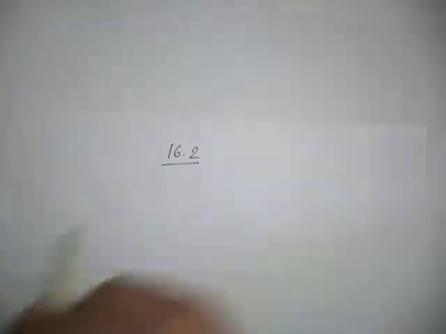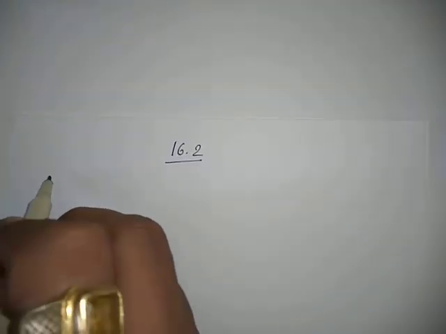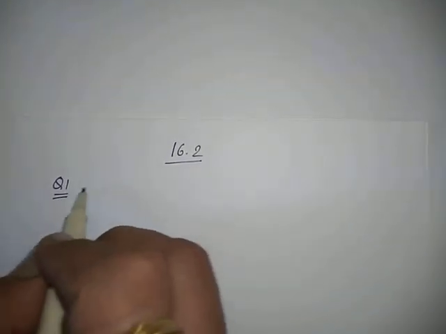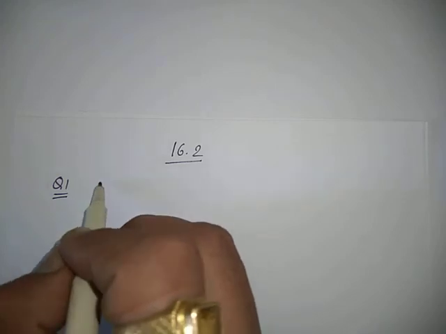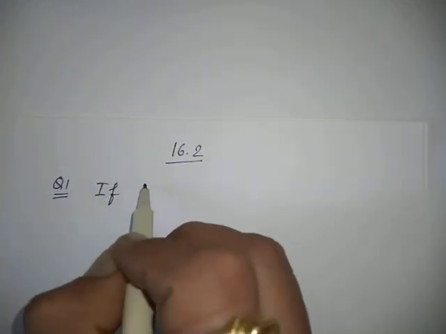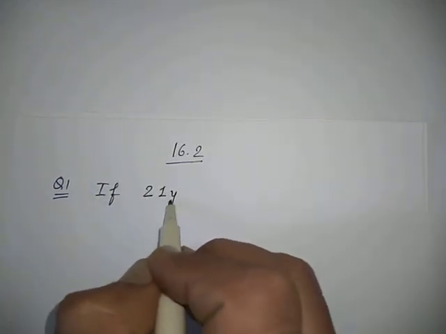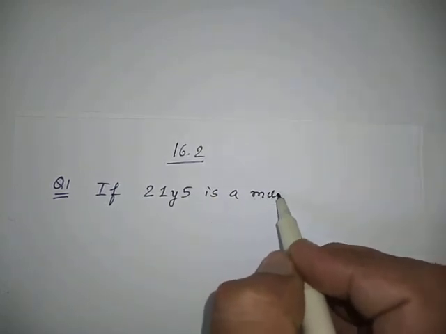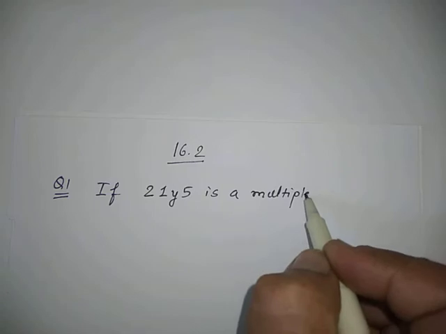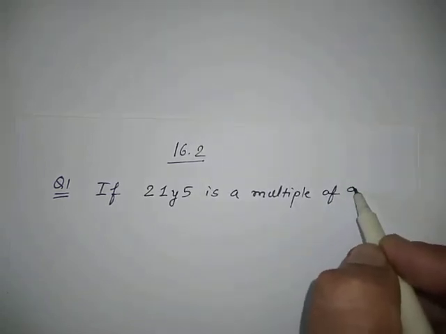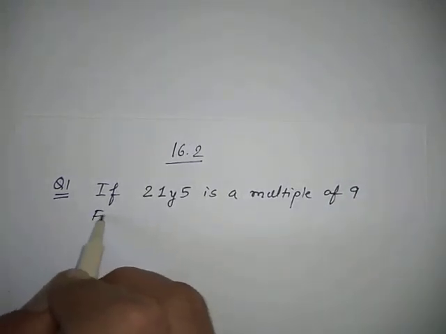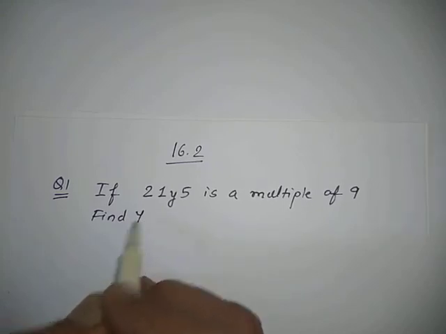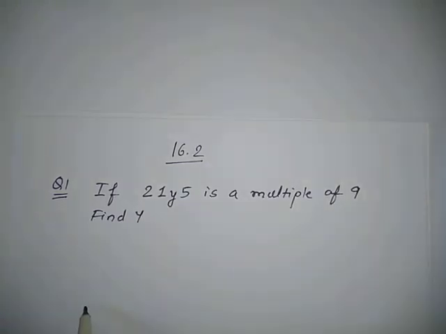16.2, Question number 1. Here the question is given that if 21y5 is a multiple of 9, find y, the value of letter y.